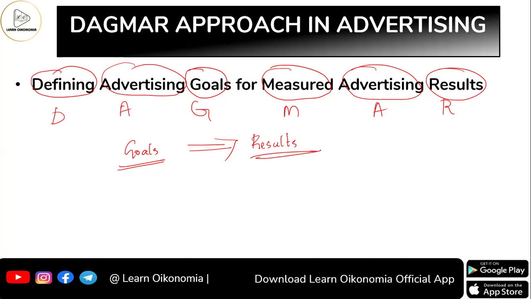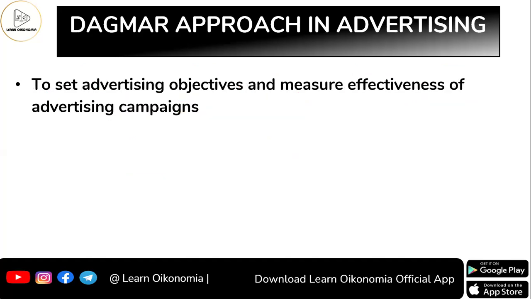Now let's consider more details with respect to this approach. The basic intention here is to, first of all, set goals. The company, when it goes for advertising, will have certain objectives, and this is mainly to measure the effectiveness of the advertising campaign.